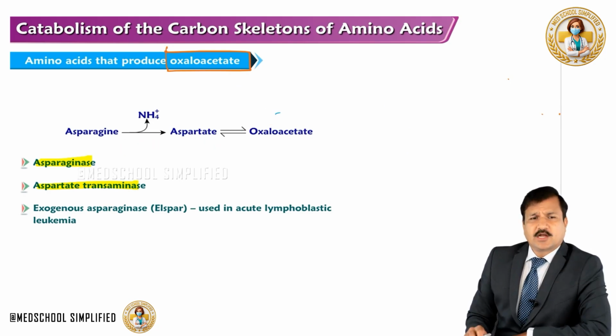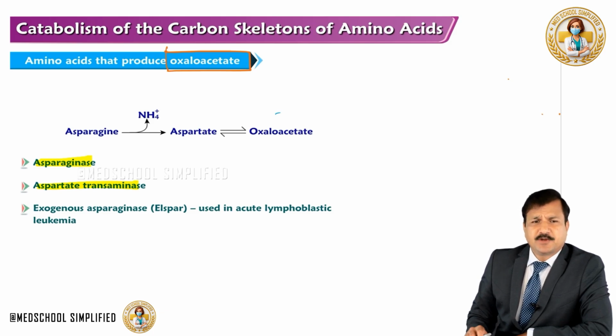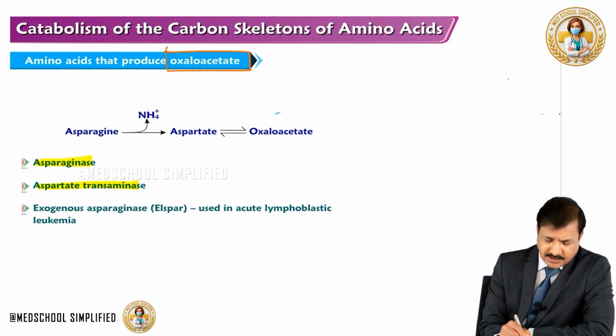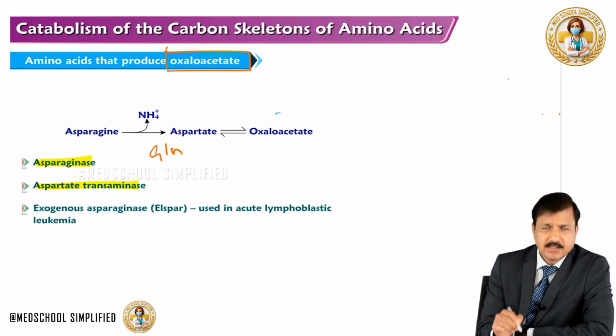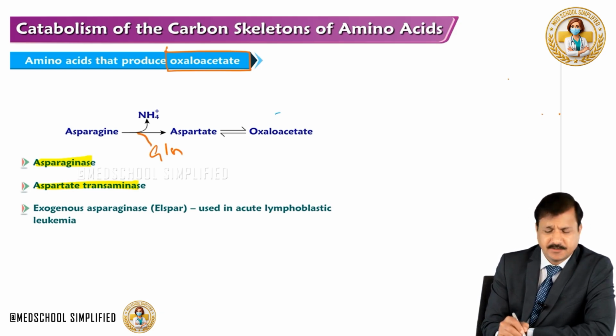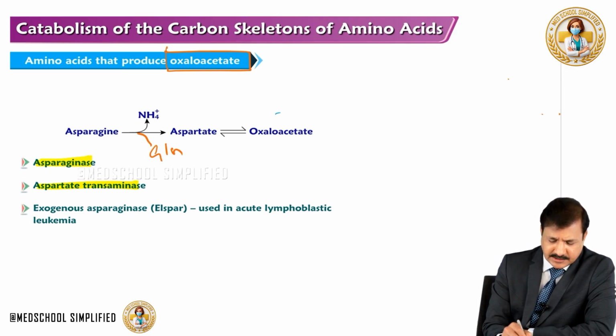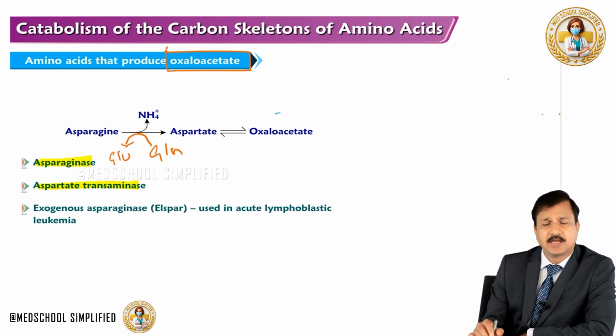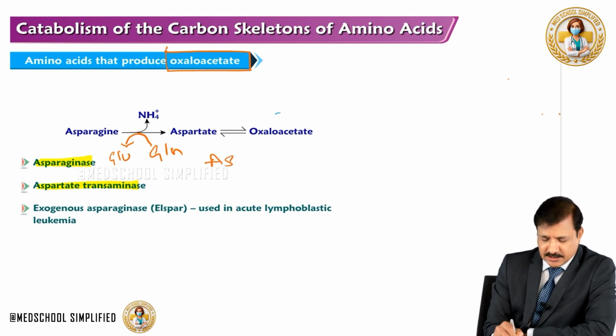The conversion of aspartate into asparagine needs an amino group, and the donor of the amino group is glutamine. The side chain amino group of glutamine is given to aspartate to convert it into asparagine, while glutamine is released as glutamate. This reaction is catalyzed by asparagine synthetase.